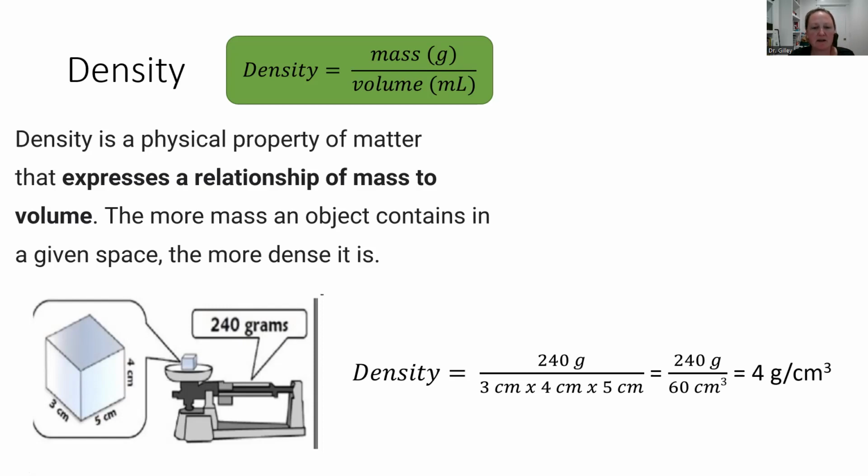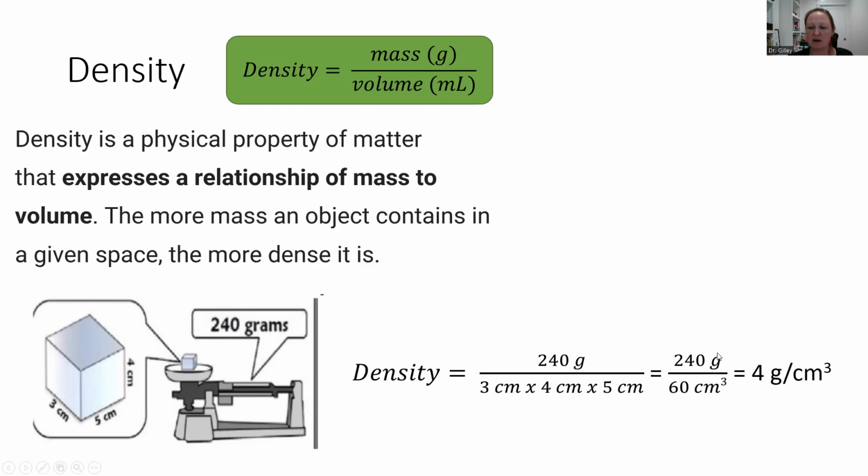So the volume was calculated directly, length times width times height, and we got 3 times 4 times 5, all in centimeters, would give 60 cubic centimeters. So taking 240 divided by 60, it gives us 4, with only 1 sig fig, because only the 6 here is significant, right?